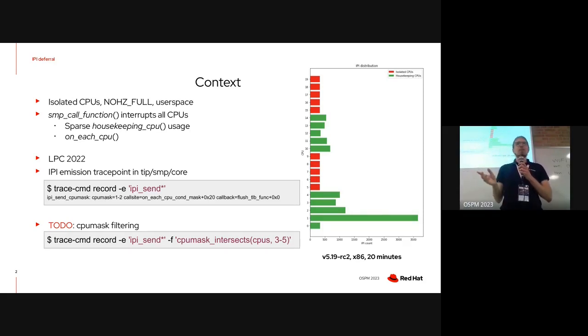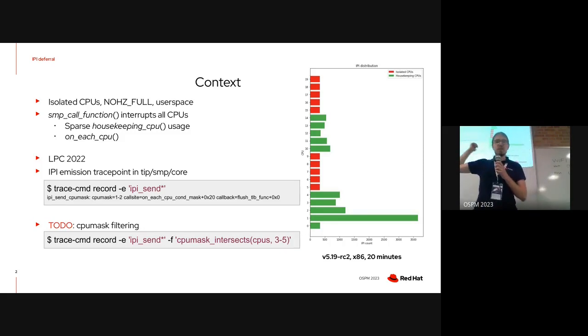So with CPU isolation, you can mostly solve the scheduling issue of interference by other tasks. You pretty much get only the things that you put on those isolated CPUs, but you can still get interference in the form of IPIs.